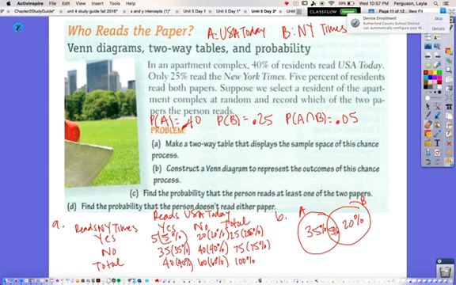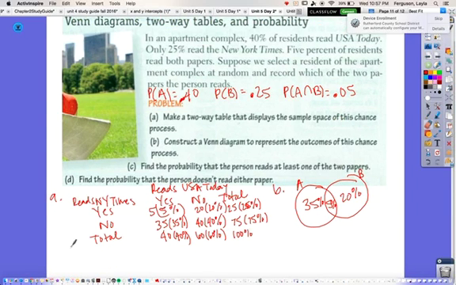All right, for C, it asks us to find the probability that the person reads at least one of the papers. So that would be the probability that they read A or they read B. That would be anything that was in the A and anything that was in the B. What that would mean is I would find the probability of A plus the probability of B, and I would subtract out where they overlap in the middle.